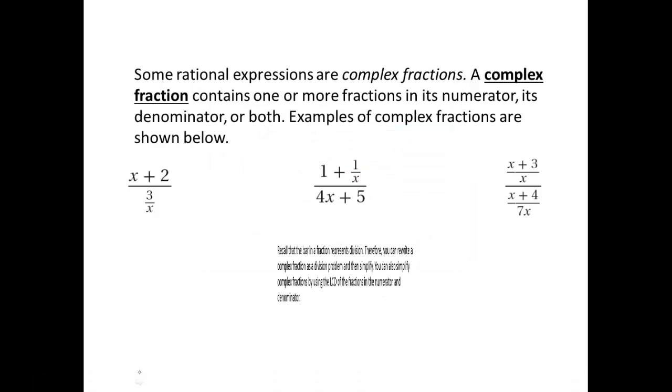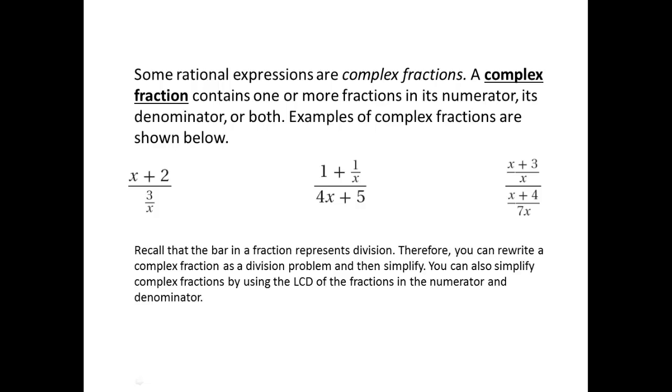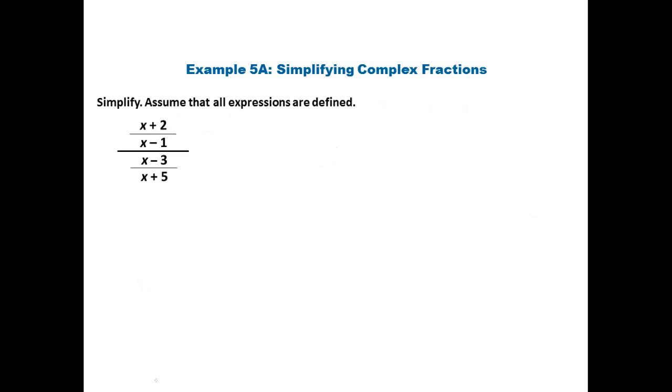Alright, next we're going to look at complex fractions. Alright, so there's fractions all over the place, in the numerator and the denominator. And we're just going to go through and talk about simplifying them. Alright, the first one here. Multiplying by the reciprocal is the same thing as dividing.